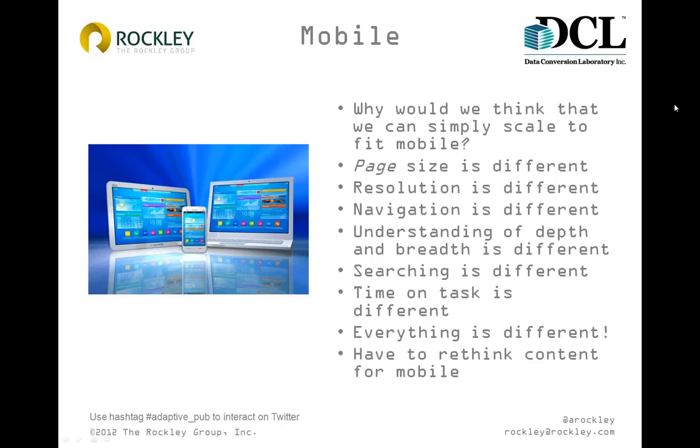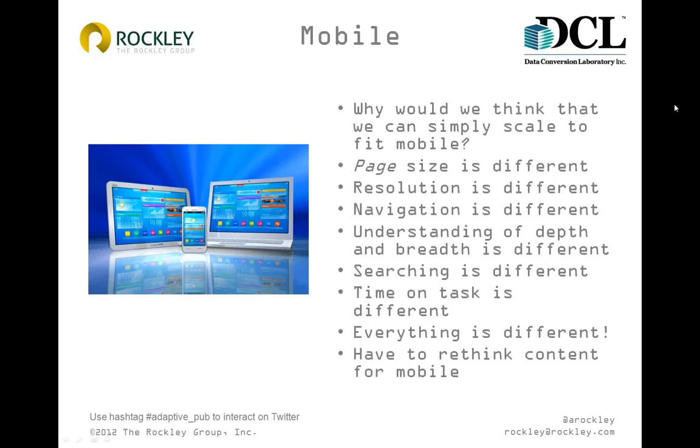All of those are exactly the same issues that we had when we first moved print online, except now we're dealing with many more devices than we had in the early days of print going online, many, many more. The way people are working with information is very different. It's not a very focused, concentrated way of using content.